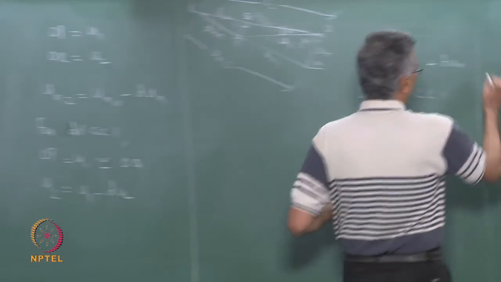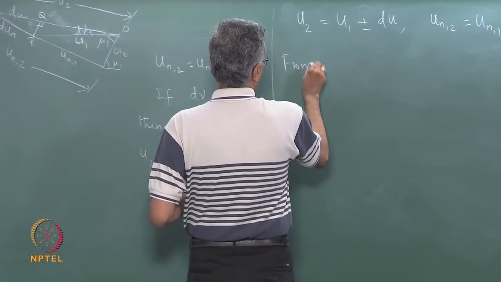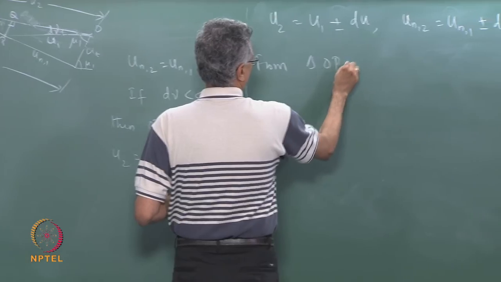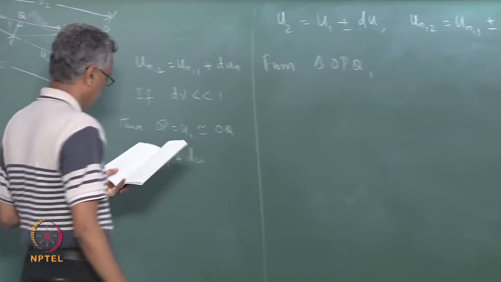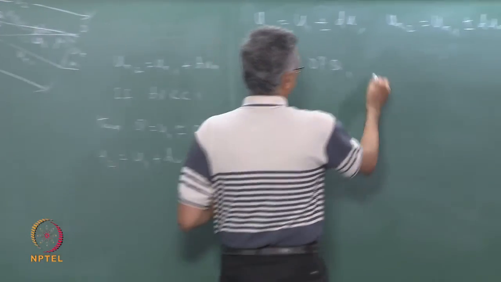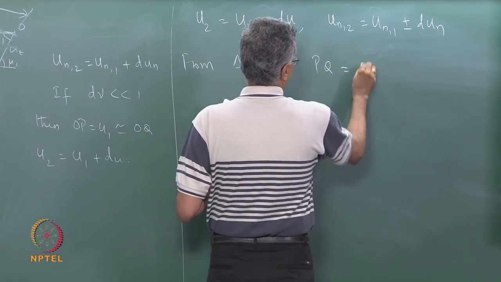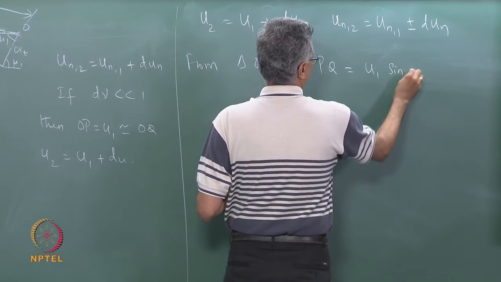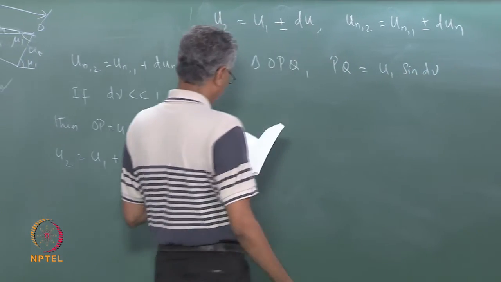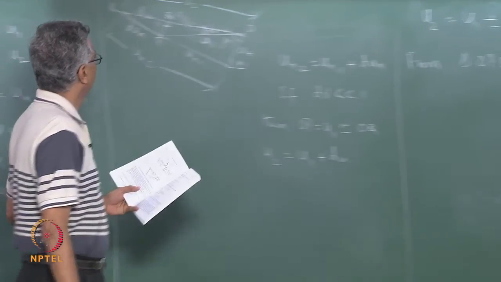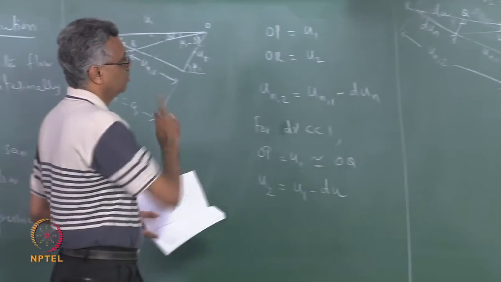So, from triangle OPQ, PQ is equal to U1 sin d nu, in both the cases.